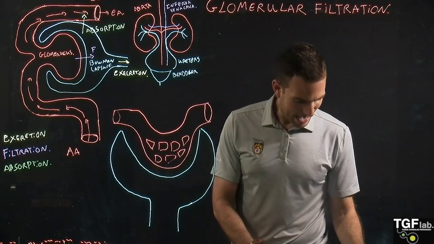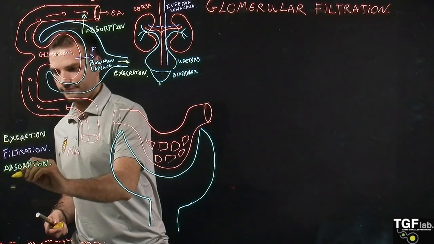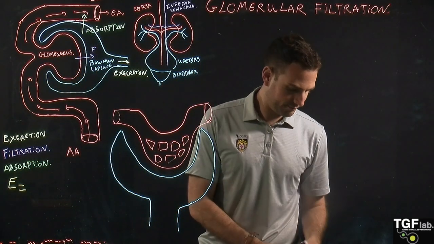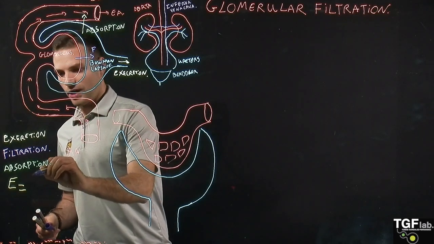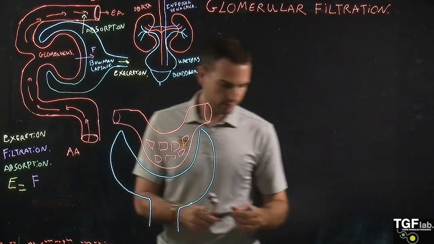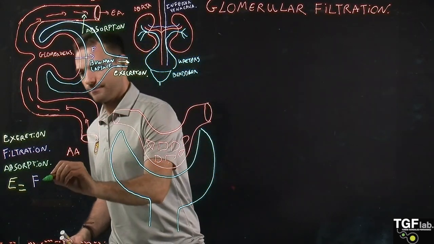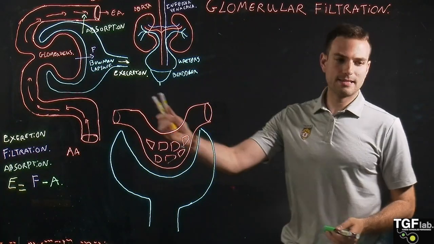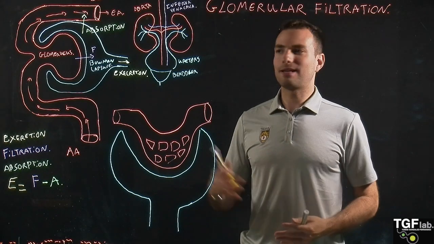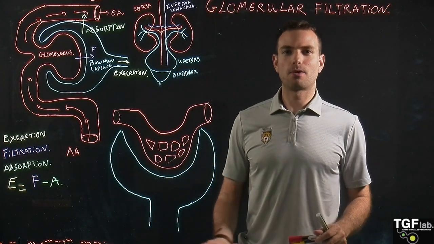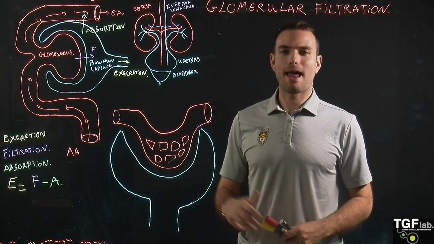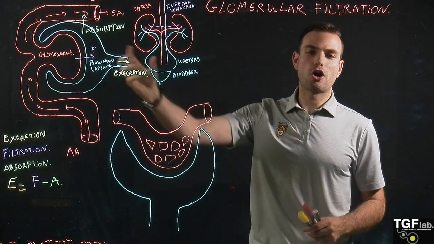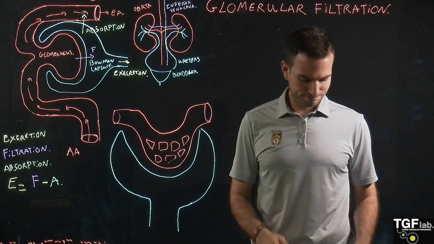So we have that excretion is equal to the filtration minus the absorption. And this is how the volume of urine that we are going to excrete from our body is formed, and how the different filtration and absorption of the glomerulus are going to determine this volume.